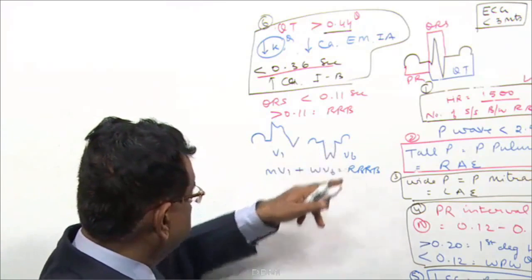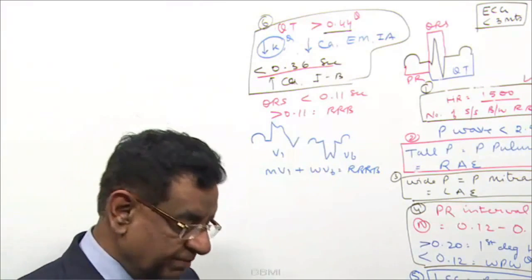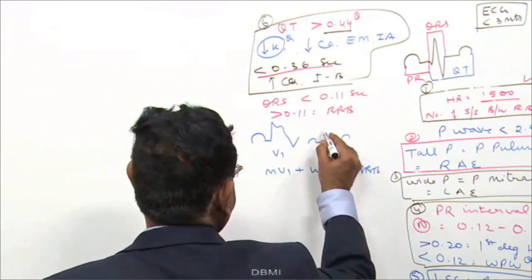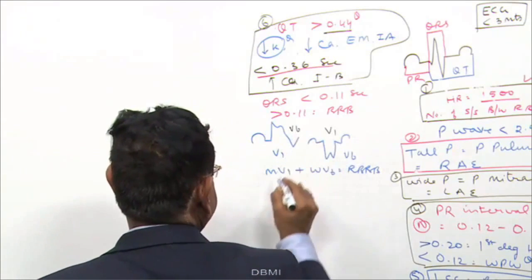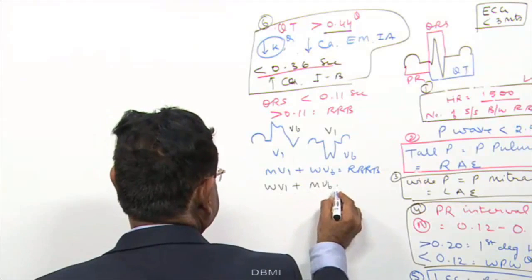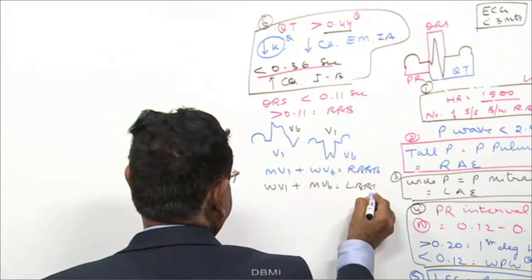But if it is reverse, that means W in V1 and M in V6, left bundle branch block.